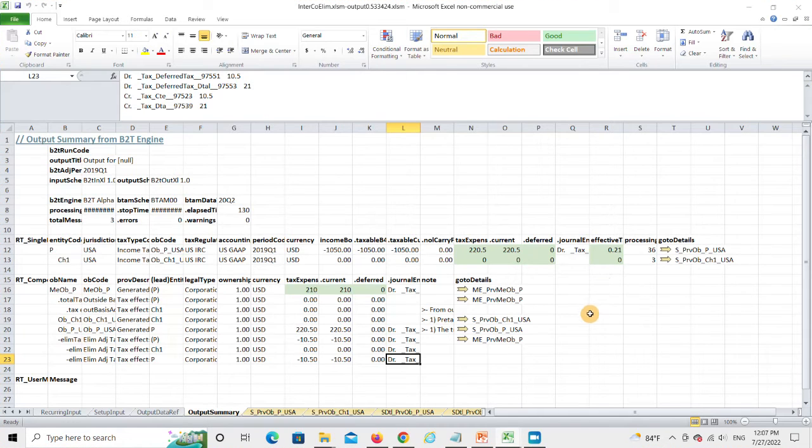Therefore, in this case, we see that the engine automatically determines that if you move around your inventory within the group, those transactions would be eliminated. But their tax effects are not simply removed from the consolidated book.